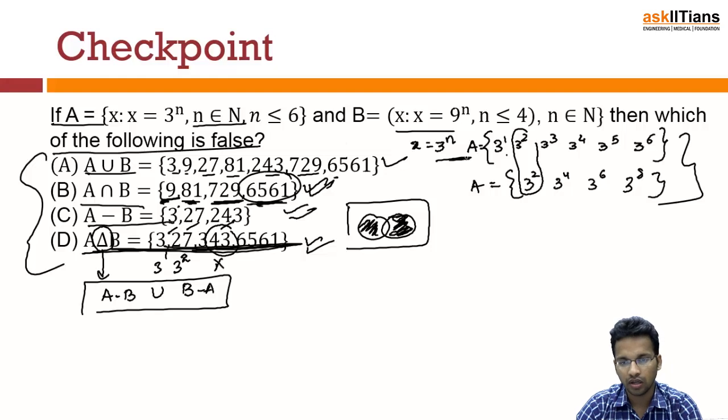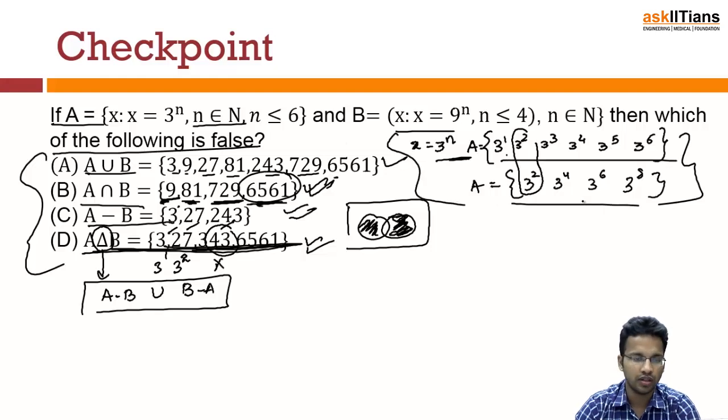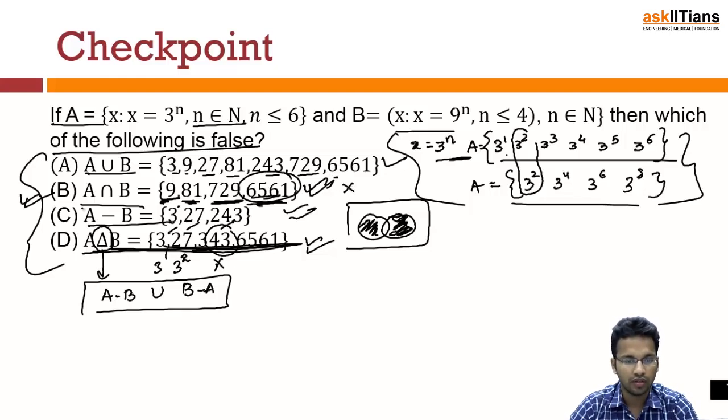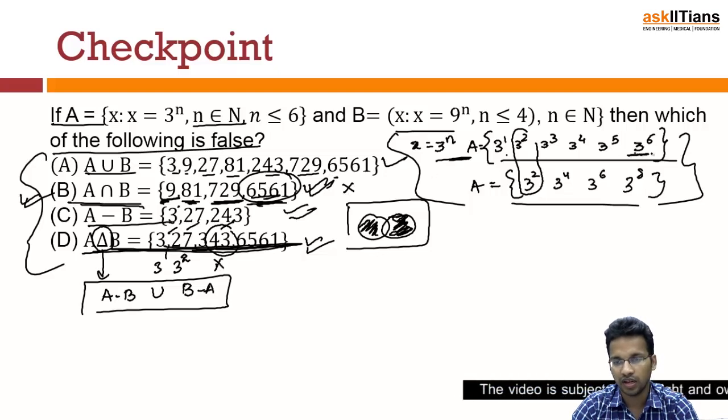Check it again, whether we have done all the things correctly or not. And this is not a very difficult question, okay? Not a difficult question. Now again, okay, I got one thing, this is not true. Why? Because this is not having 3 raised to power 8.